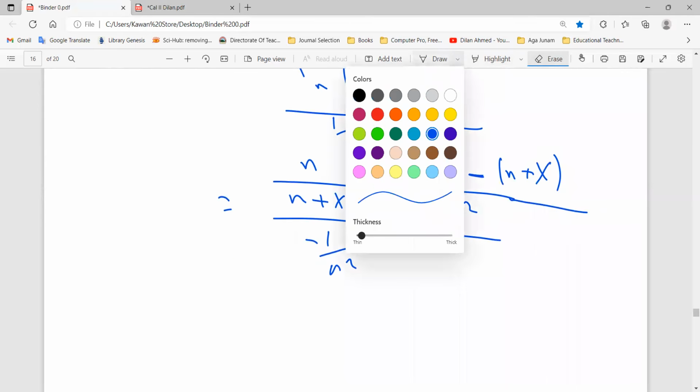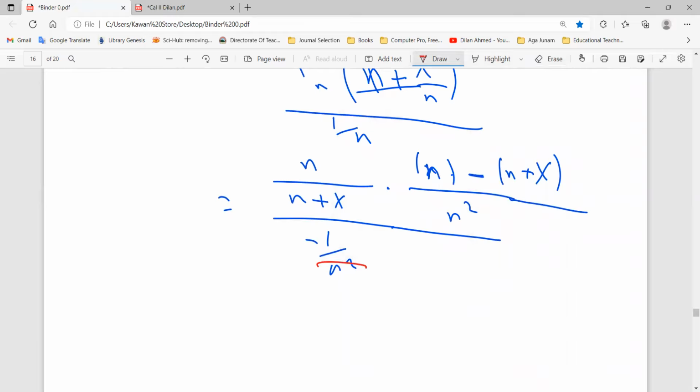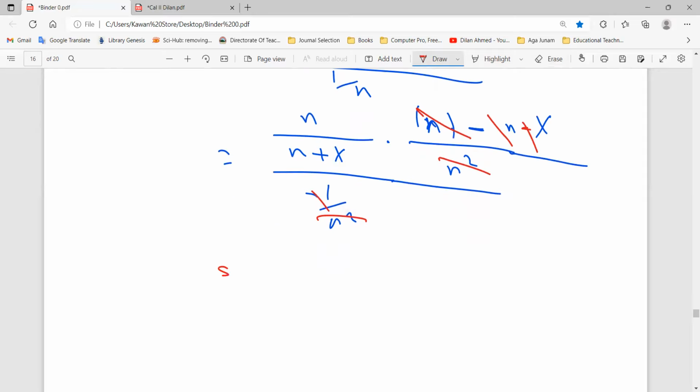So look at me. That square with that square remains. And that bracket will be what? It will be minus, and n with minus n will remove. And that minus with that one removes. It remains nx over n plus x. Am I right?